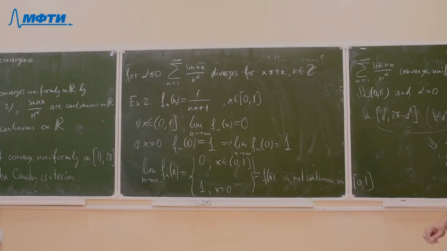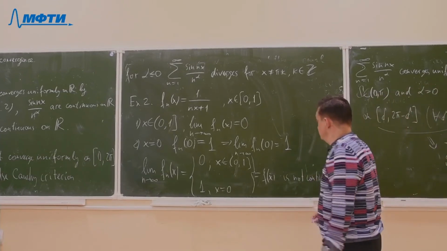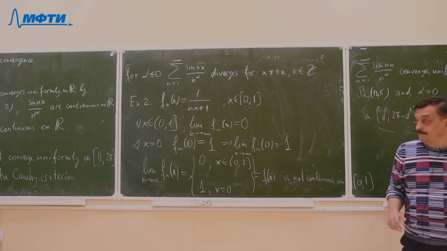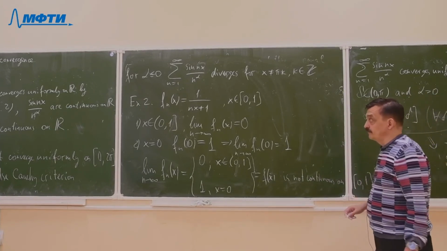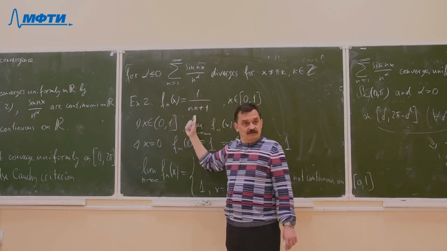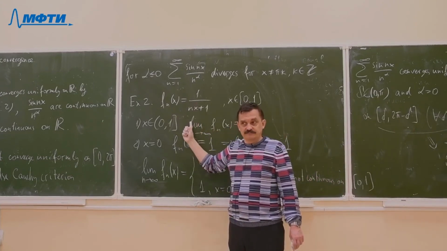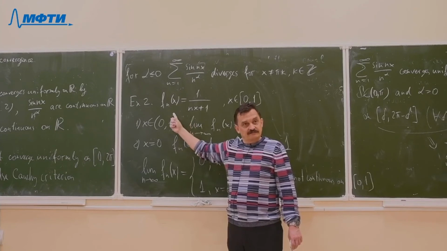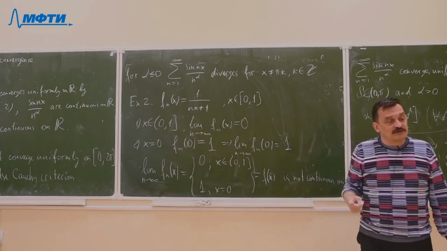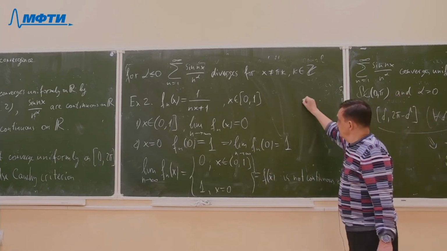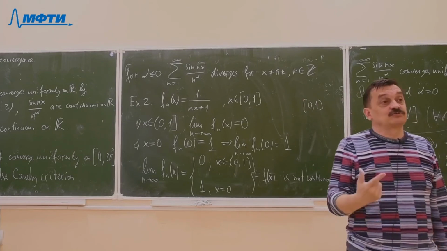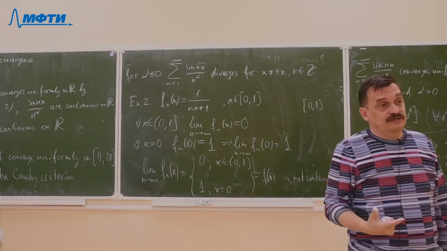And what we can deduce now using theorem 1 prime. Look, if f_n are continuous functions, right? If f_n tends to f uniformly on the closed interval [0, 1], then the limit function should be continuous, right?